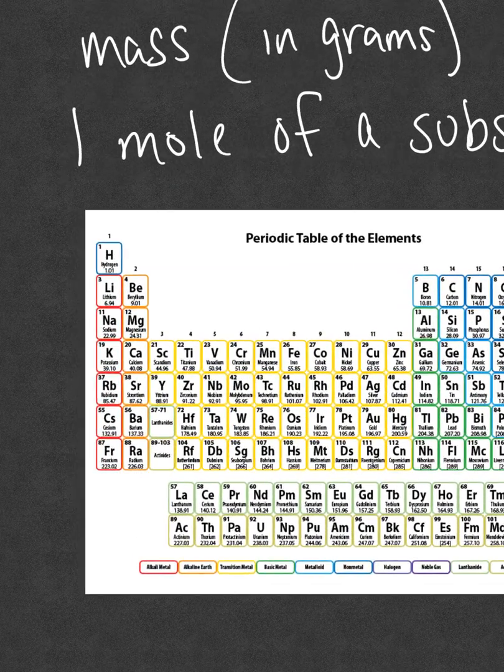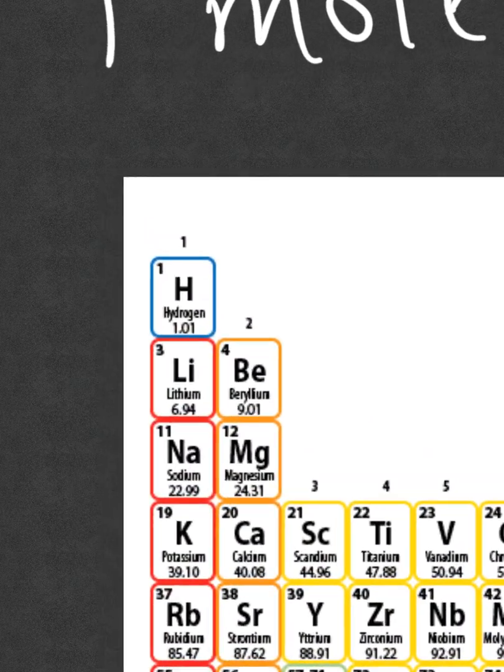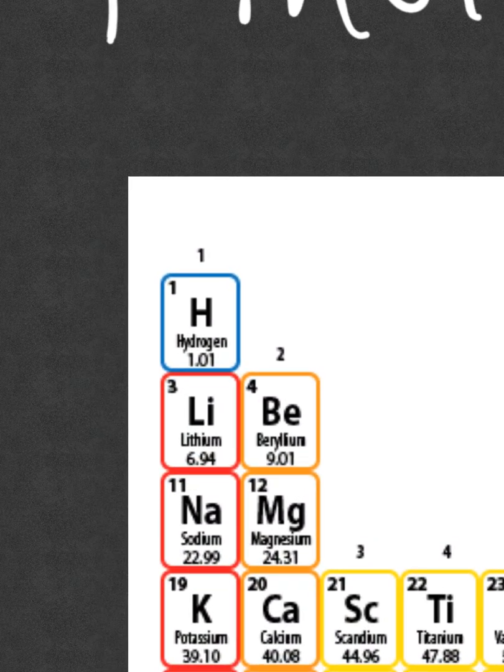So for example, let's look at hydrogen here. Here we know that this is the atomic number, which basically represents the number of protons of that particular element. But then here we have the average atomic mass, which is a weighted average of all the isotopes and their abundance in nature.